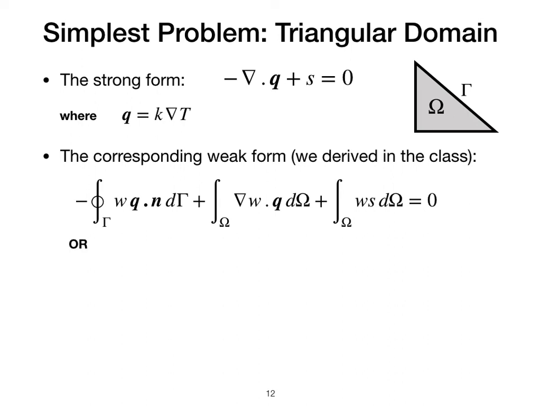All of the summation equal to 0 is the weak form.